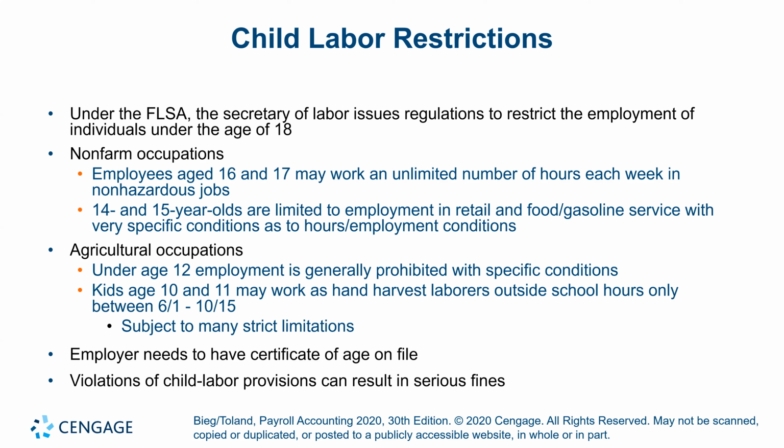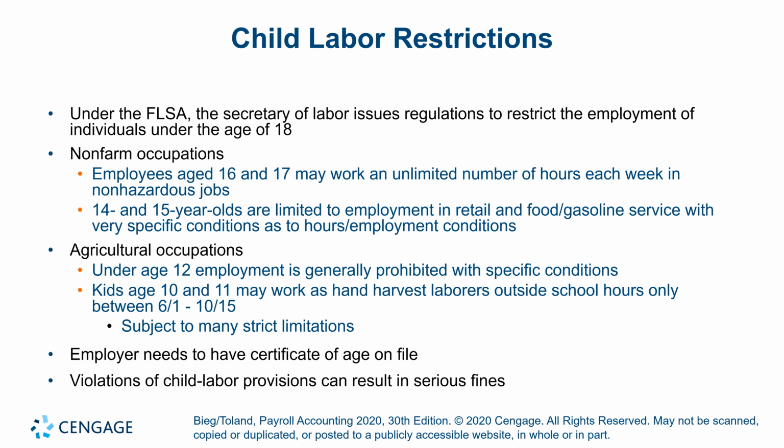So for agricultural or farm occupations, under the age of 12, employment is generally prohibited with specific conditions. And it shows it here. Kids age 10 and 11 may work as hand harvest laborers outside school hours only between June 1st and October 15th.